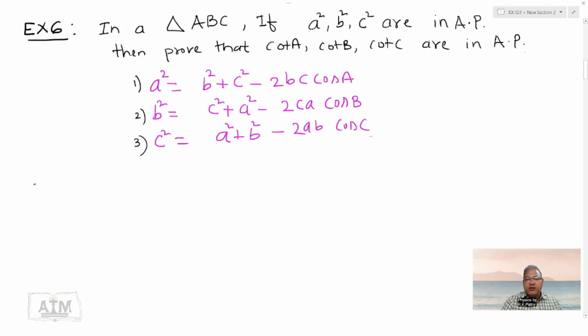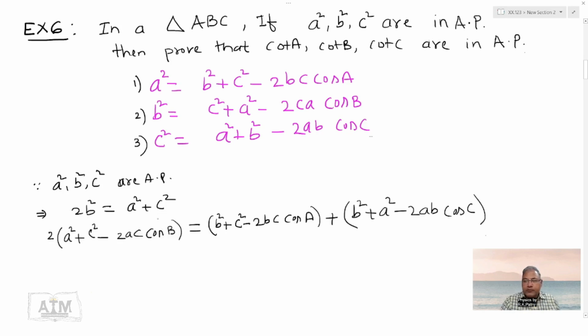And what is given? Given is a square, b square and c square are in AP. So it implies 2b square equals a square plus c square. After that, we are going to put the values of b square, a square and c square. So we kept the values of b square, a square and c square.